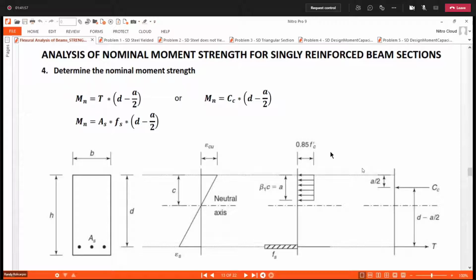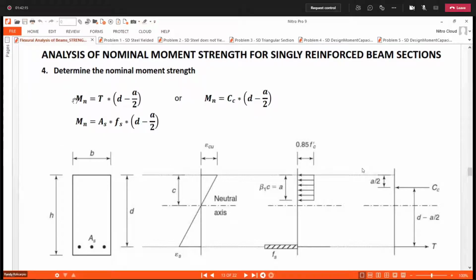Ito ngayon, in the determination now of the nominal strength. So paano natin kinukompute yung nominal strength? Magmo-moment lang tayo dito. Ito yung mga diagram natin: strain, stress, then location of our forces.